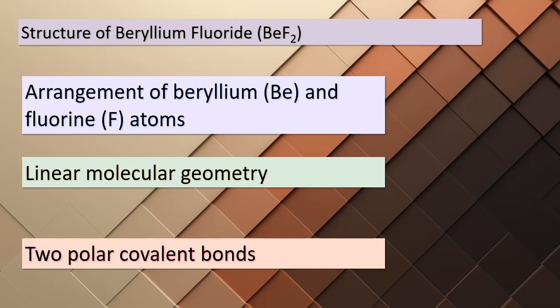You might wonder, how does this geometry connect with what we learned earlier? Well, it's all about those two polar covalent bonds we discussed. These bonds, formed between beryllium and fluorine, contribute to the linear structure. The arrangement of atoms and the nature of these bonds collectively shape the overall structure of BeF2. Ready to explore more? Let's proceed.